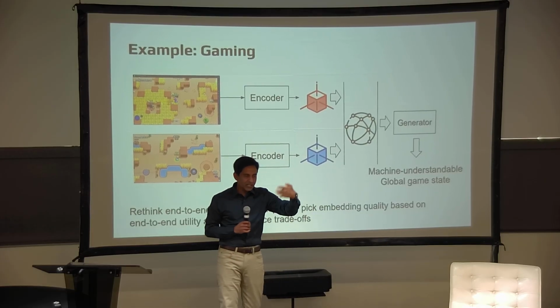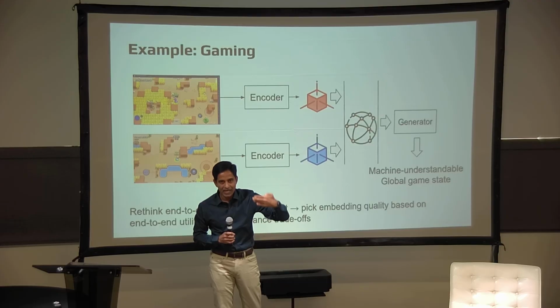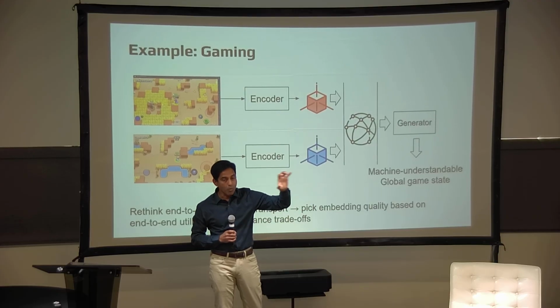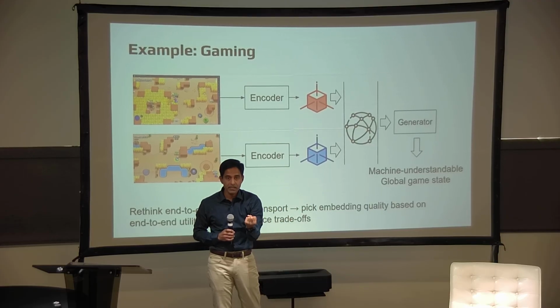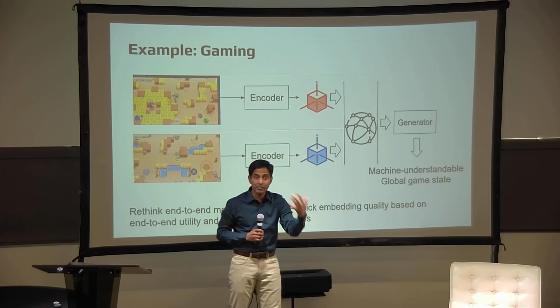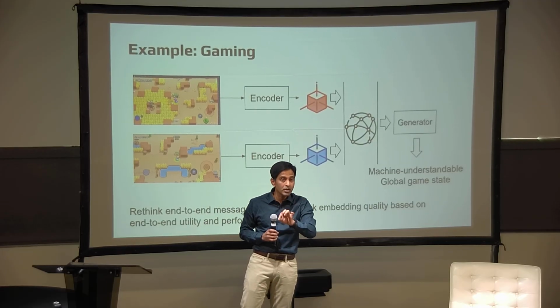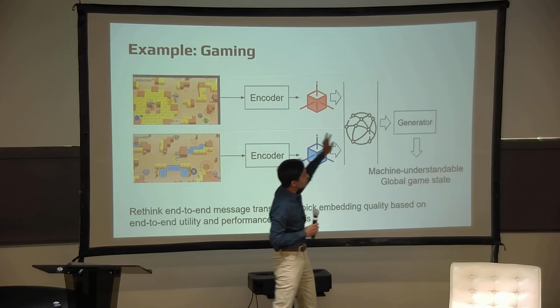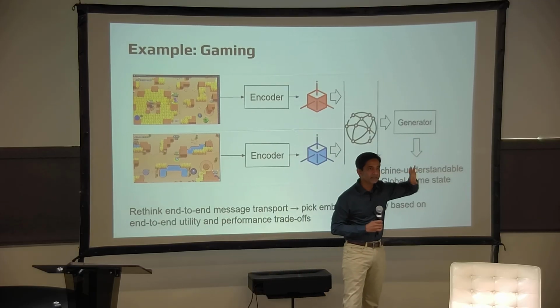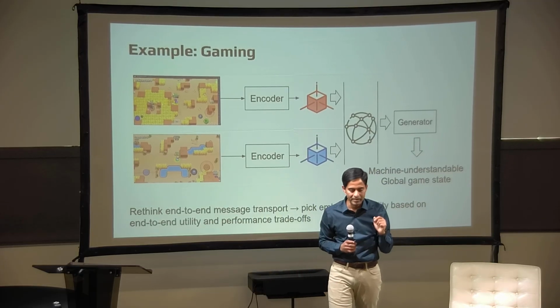Instead of sending actual snapshots of game state, you're actually sending encodings, which are more succinct than the actual data, but more representative of what it is you're trying to do in the context of the game. The embeddings go over the network, and then there is a generator that reconstructs what you have from the embeddings.